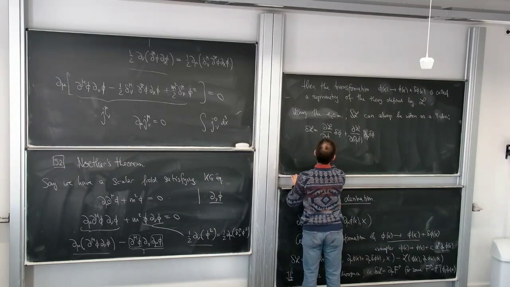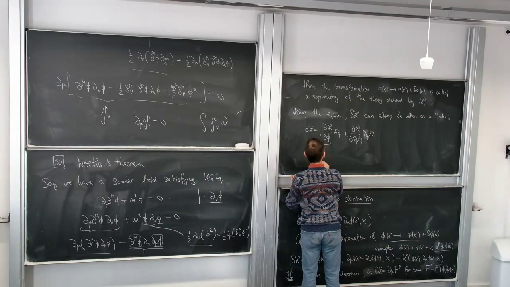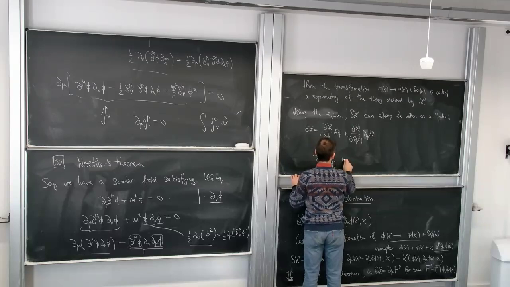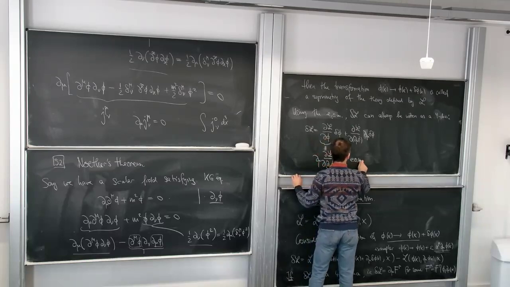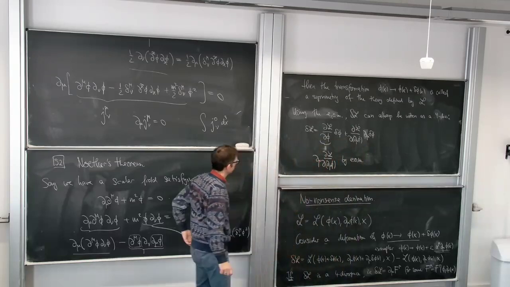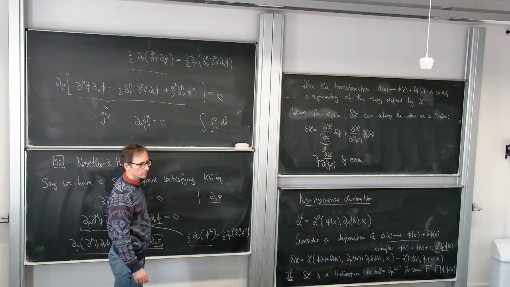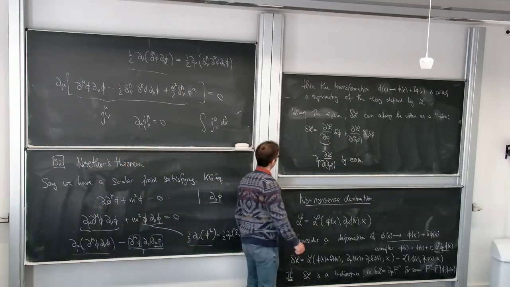What is it? This thing is equal to d mu of dL by d mu phi, right? By equations of motion. Remember?